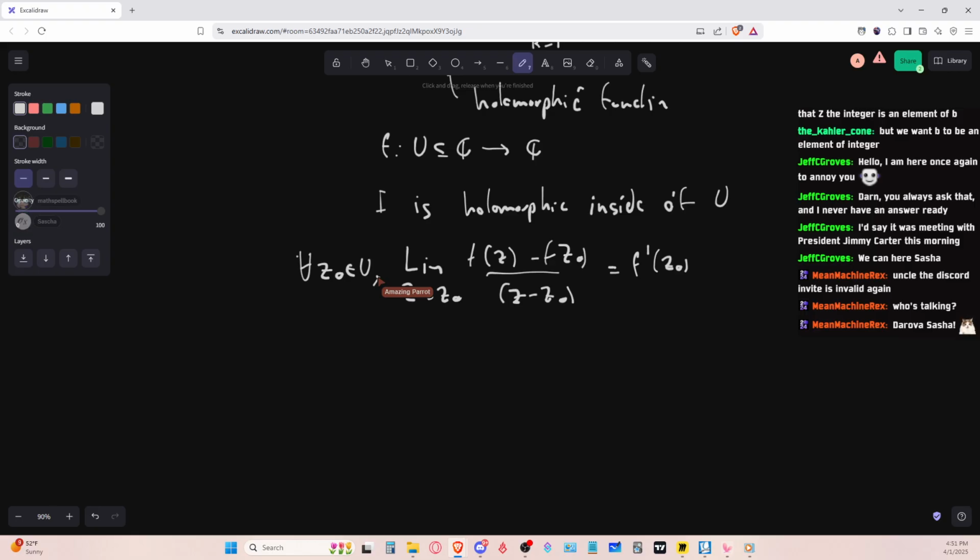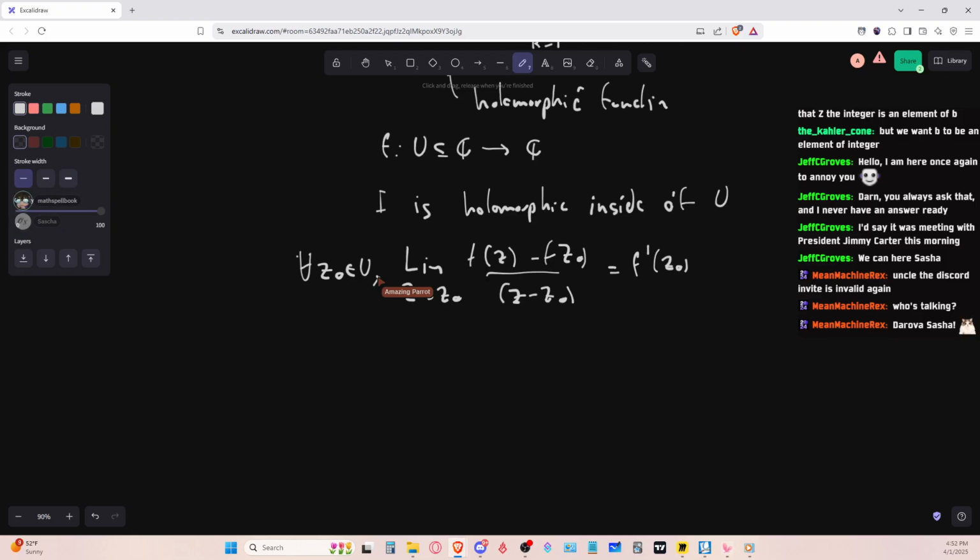If the function is holomorphic, which just means complex differentiable, all its derivatives exist, from the second derivative all the way up to the nth derivative. And it's even better than that: f is actually equal to its Taylor series at every point.